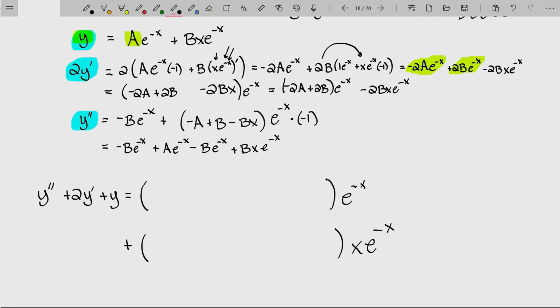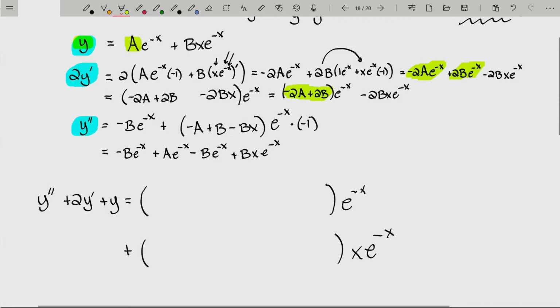Okay, so the stuff there that's attached to e to the negative x only is that. And then all this stuff right here is just attached to e to the negative x. So I'll go ahead and write all that stuff down. I'll use green for that. So we have a, minus 2a plus 2b, and minus b, and plus a, and minus b. That's the stuff attached to e to the negative x.